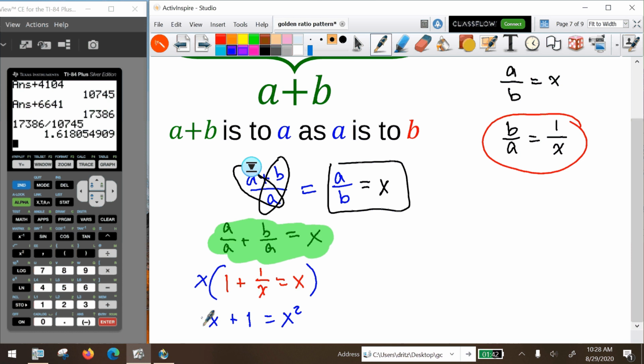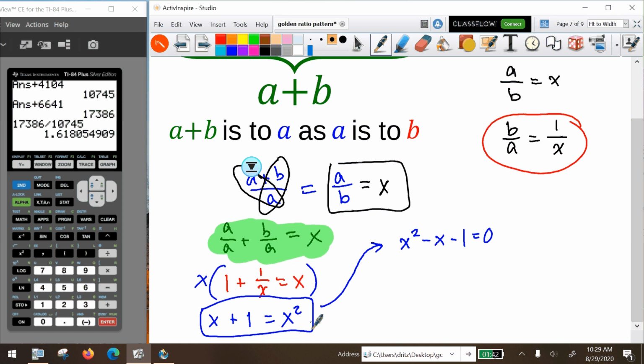So we have this equation here, which you may recall is called a quadratic equation. If you never heard that word before, if you never learned how to solve them, that's okay. You probably shouldn't have. This quadratic equation, I can manipulate it a little, and I can get x squared minus x minus 1 equals 0. All I did was move both of these terms to this side of the equal sign.